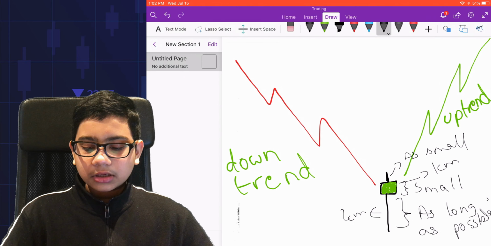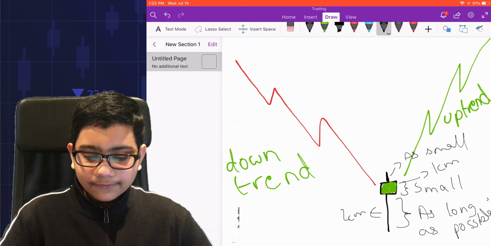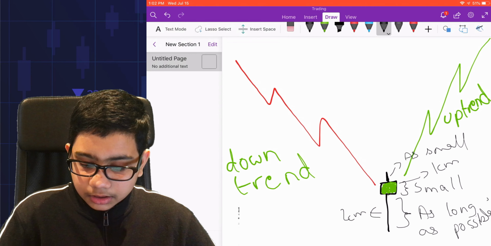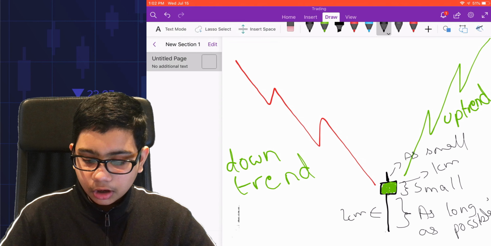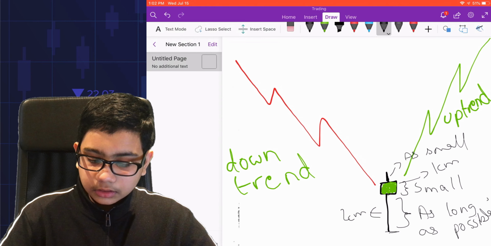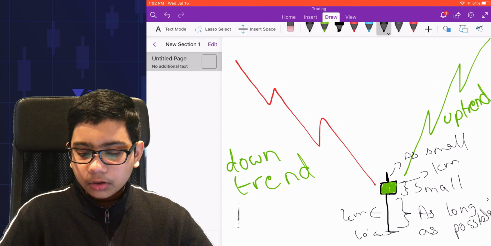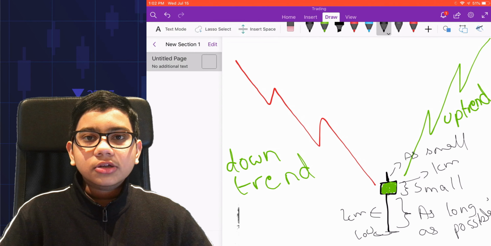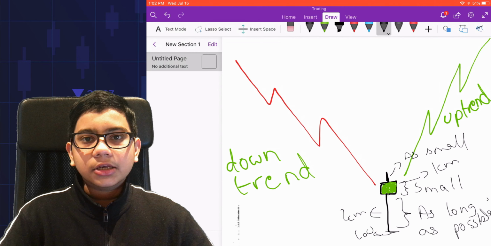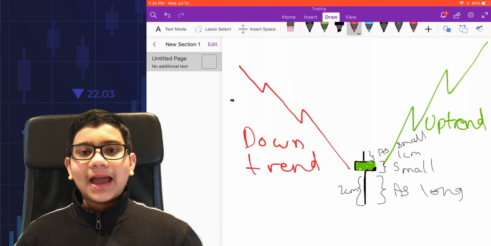Now, what does a hammer signify? A hammer signifies that even though the bears pushed the price down to the low over here, the bulls managed to pull the price back up. Therefore, it shows that the bulls are coming back into the market. So what's the theory behind a hammer?